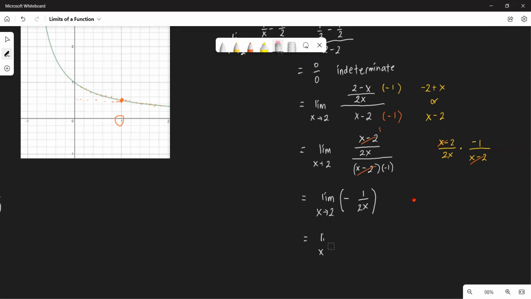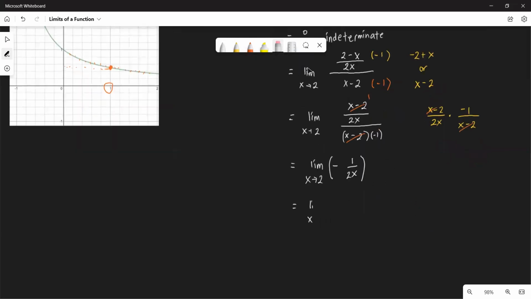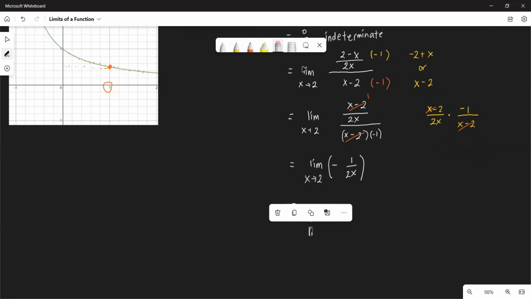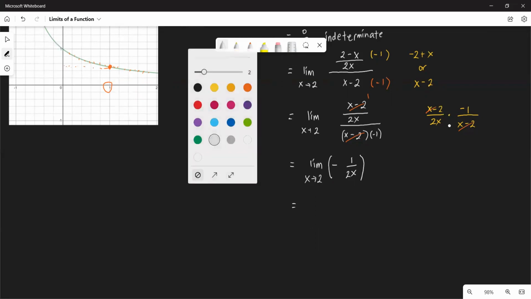So it's negative 1 over 2x. By now I think you have already observed the pattern. Applying the properties is simply the same as plugging in the value that is being approached by x into the x in the given function.